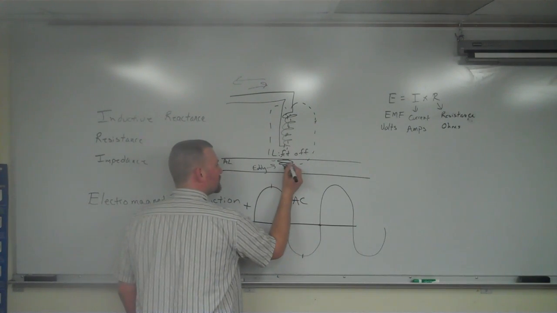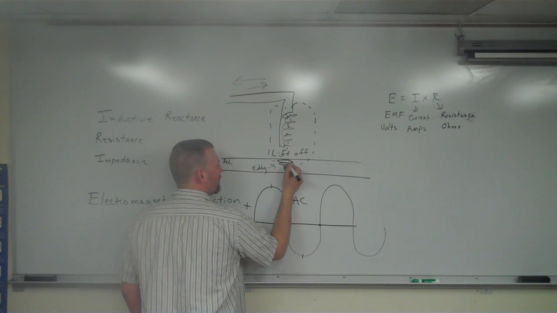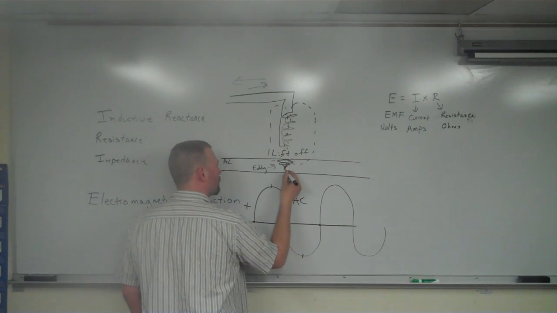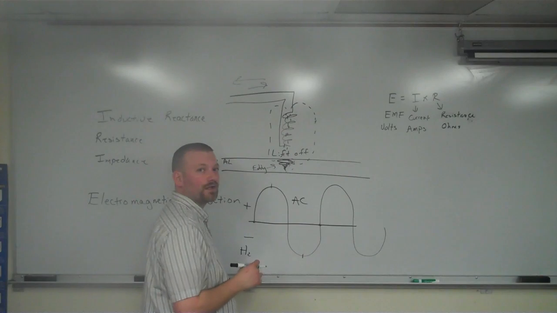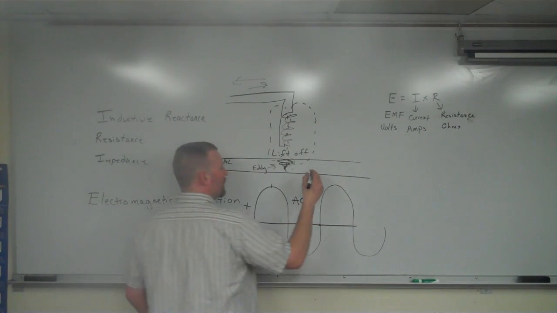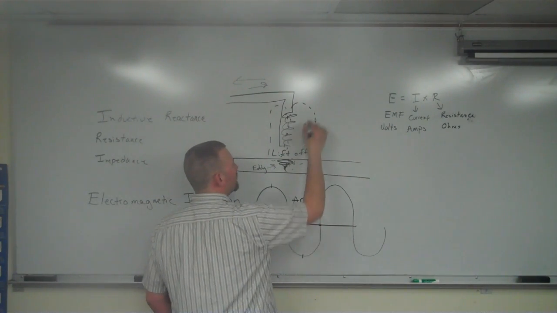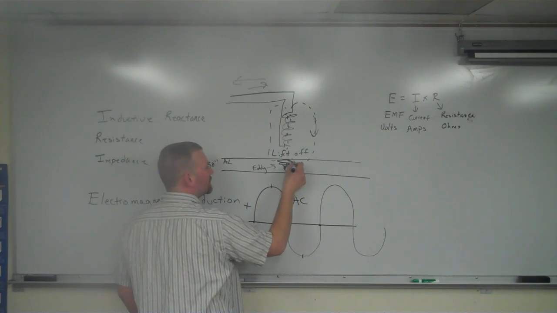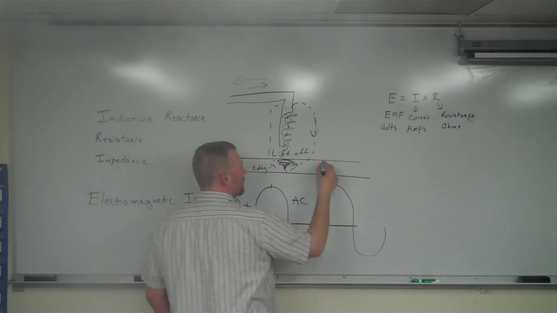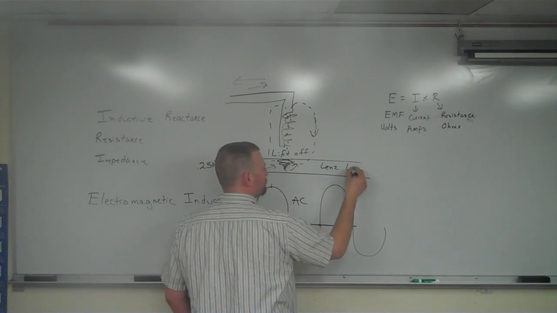And then each one of these little eddies makes their own magnetic fields. Okay, so it has an overall magnetic field, which is relatively weaker than the primary magnetic field, and also opposes. So if this guy here is spinning this way, when this guy's spinning this way, this guy's spinning this way. Okay, that's from Lenz's law.